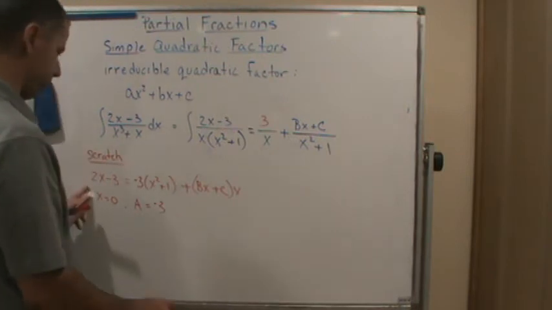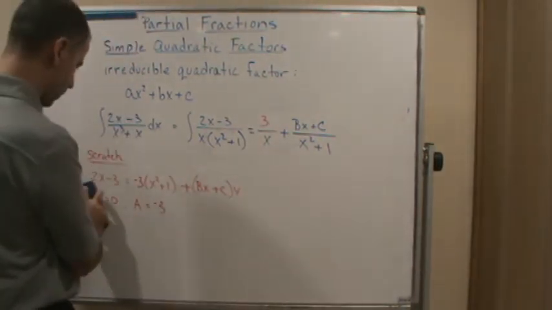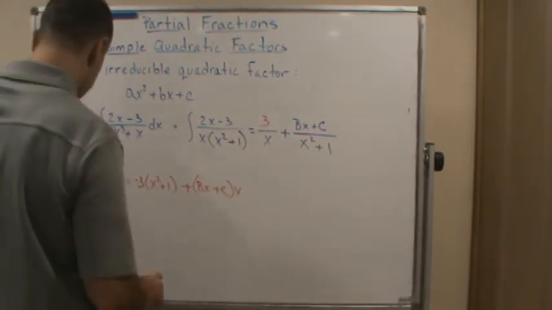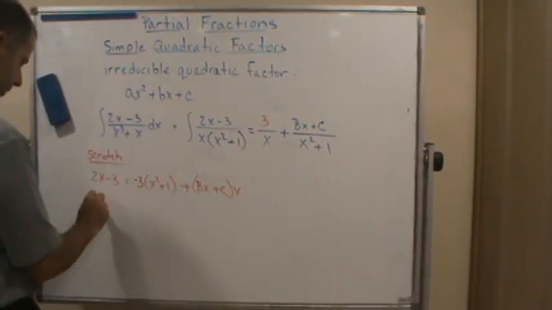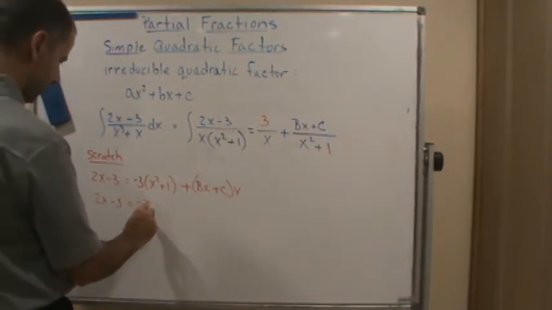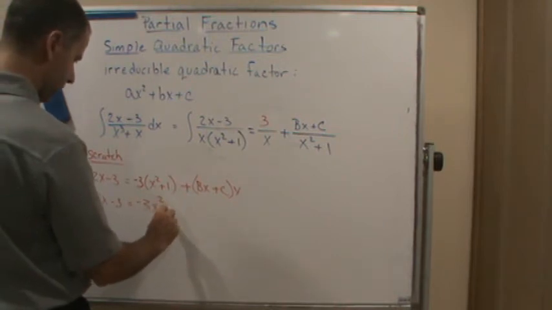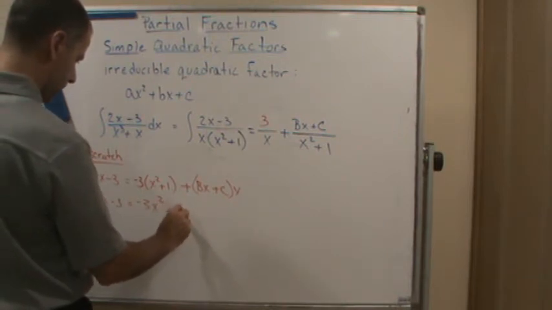So what I'm going to do is I'm just going to solve this, even though I know x is equal to negative 3. We'll plug that in a minute. So let's simplify this. So this is 2x minus 3 equals negative 3x squared plus negative 3.